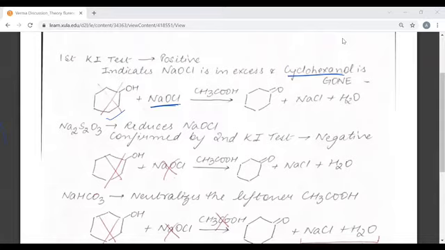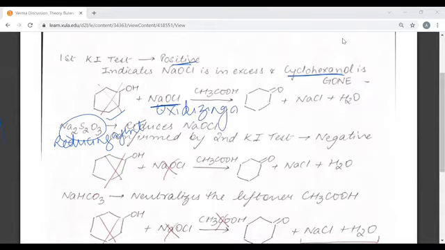Once you get this test positive, you then add sodium thiosulfate. What is the purpose of this? This is a reducing agent. The reducing agent will react with the oxidizing agent, and it will quench the bleach also.